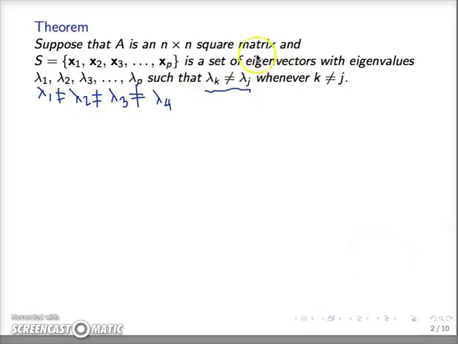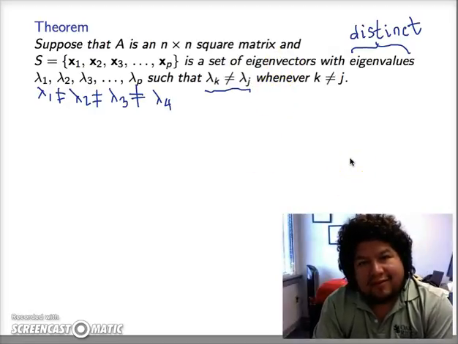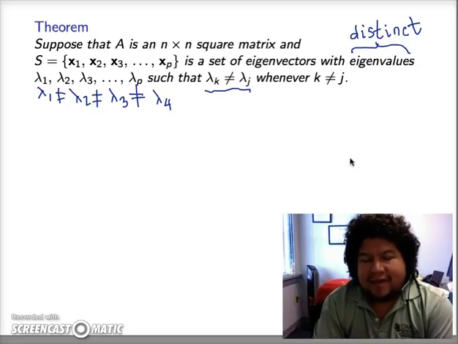So this is a scenario in which the eigenvalues are not the same. These are eigenvalues that are distinct, if you will. They're different. There are no identical eigenvalues. Something that you could argue is related to multiplicity, but we don't have to cover multiplicity right now.